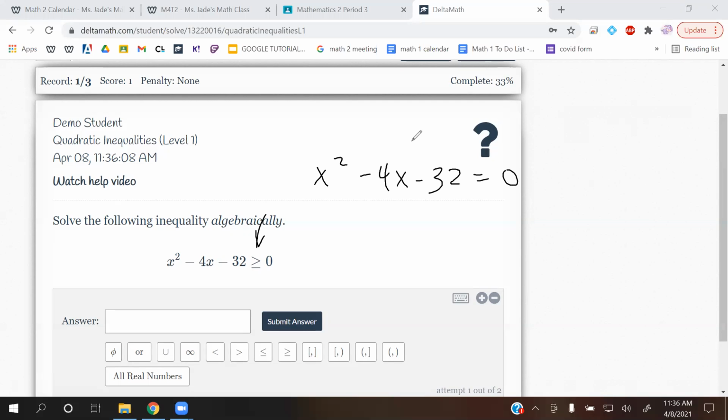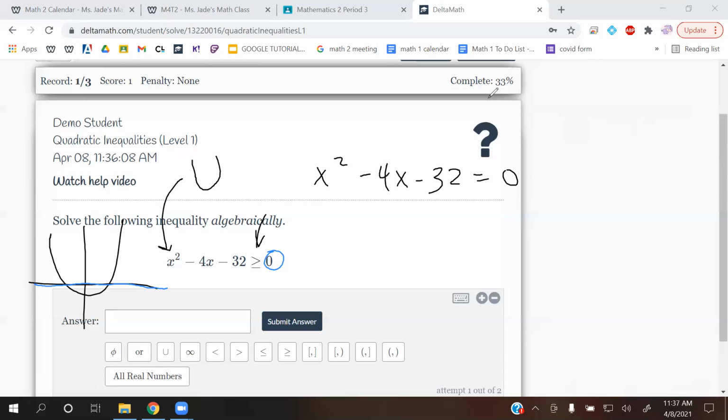Another thing is I do think it'll be helpful for me to show you what the graph looks like. So this is a positive x squared, in which case that means we're going to have an upwards U shape. So let me just sketch the U shape. I don't know where my U is going to be, but I'm just going to draw my U there. And we're going to compare that U shape to this line of 0, because that's what we're comparing it to.